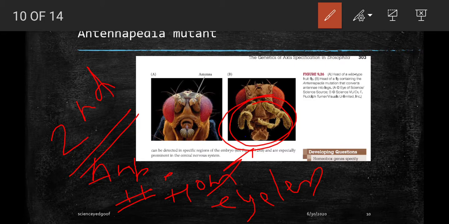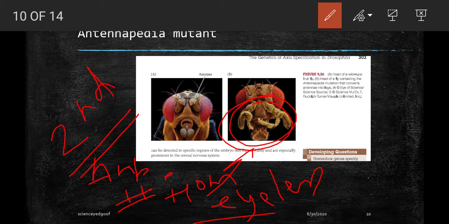The homothorax gene and the eyeless gene are important for antenna and eye formation respectively. So when this Antennapedia is mutated, it will go and suppress the genes which trigger the eye and the antenna development. Because of suppression of these genes, you can see instead of the antenna, the leg is produced in the eye socket.